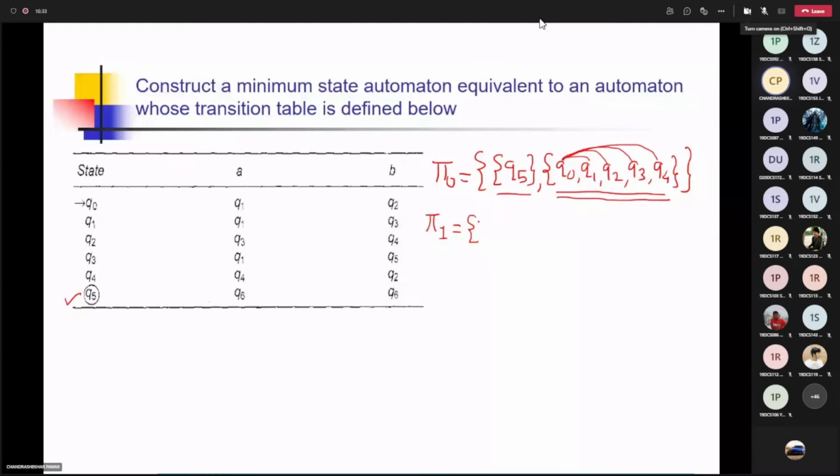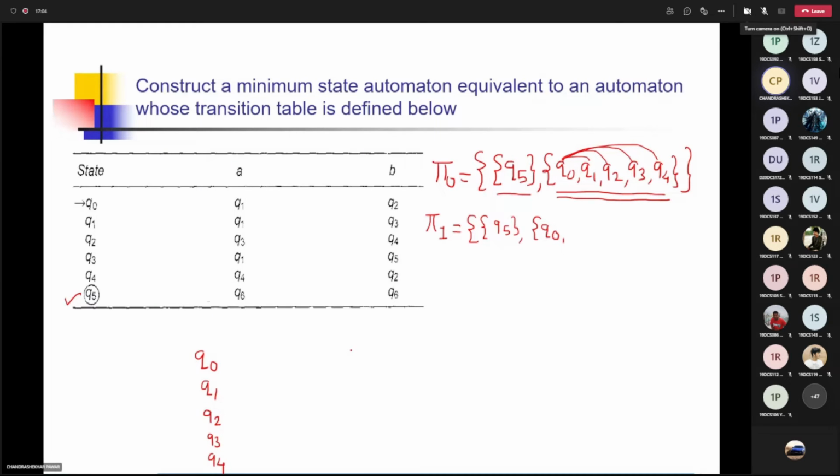Then we prepare the sets like this, with Q5 as it is here. Next we find the set of states which are equivalent with Q0. So how do we check the equivalence? Q0 is checked with all the other states: Q1, then Q2, then Q3, and similarly Q4.